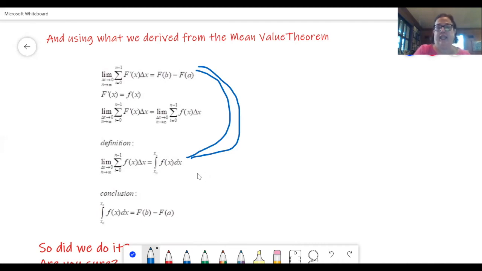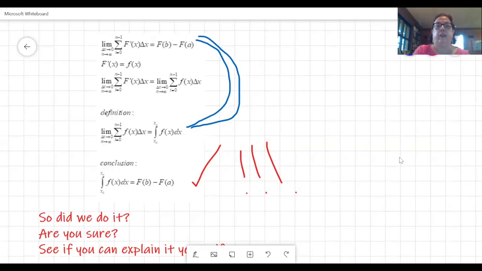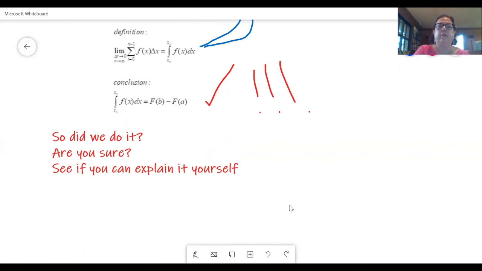It's transitivity. You might want to pause here and go over this several times, because this is the core of the fundamental theorem of calculus. This is a huge accomplishment. And now you have to ask yourself, did we do it? Are you sure? See if you can explain it to yourself.